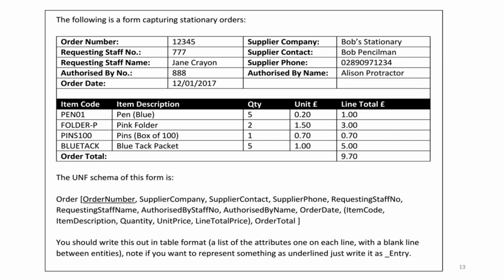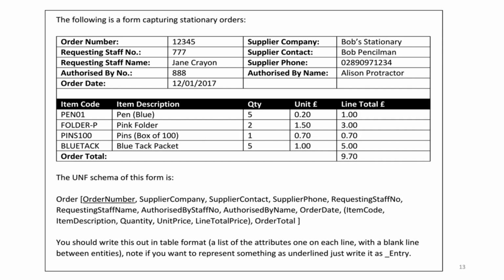What does that mean by requesting staff? A person who requested this stationery, with this name and this number, and authorized by someone else, another staff, a person who authorized this kind of order. And authorized by name, and order date is this date.